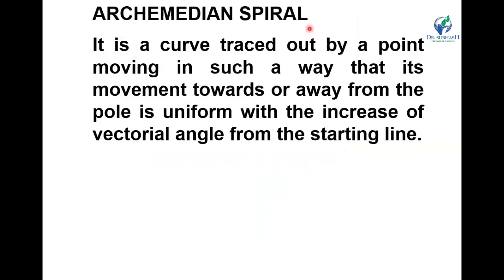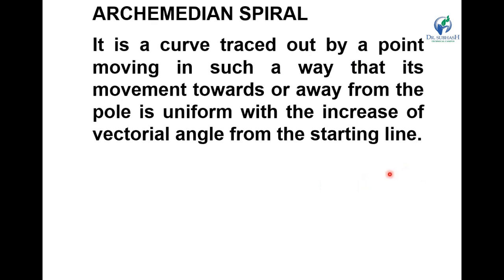The Archimedean spiral is a curve traced out by a point moving in such a way that its movement towards or away from the pole is uniform with the increase of vectorial angle from the starting line. That means, as discussed in our first slide, when the insect is moving towards or away from the pole, its movement is uniform.